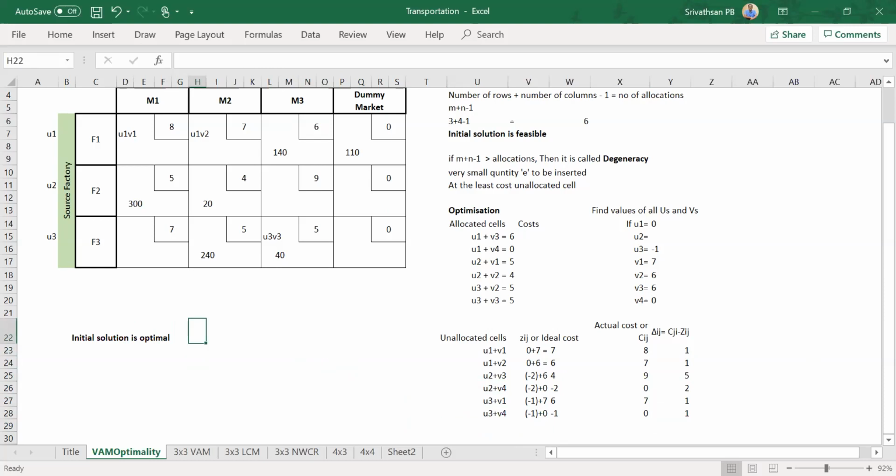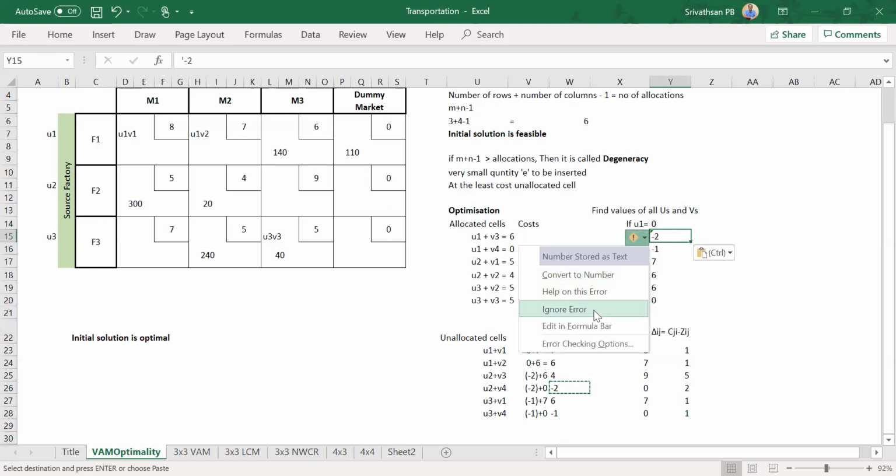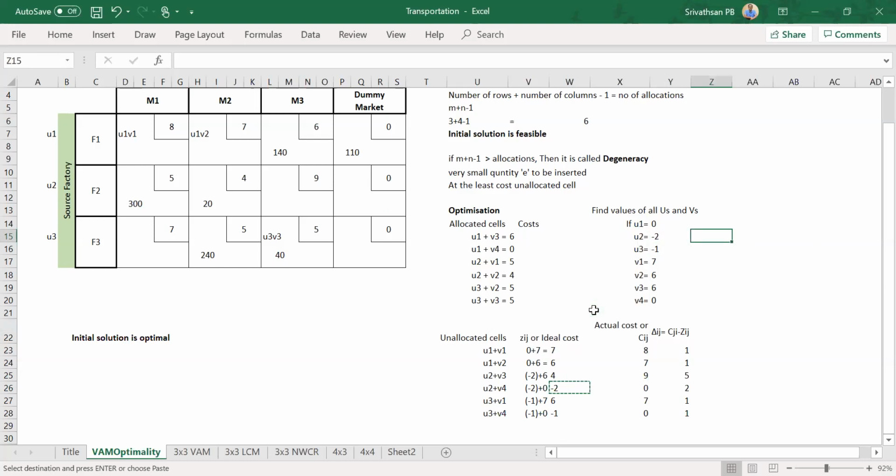So what have we done? We took the allocated cells, converted those into equations, and used their costs as the values. We started with u1 equal to 0 and found out the values of the different variables u1, u2, u3, v1, v2, v3, v4.